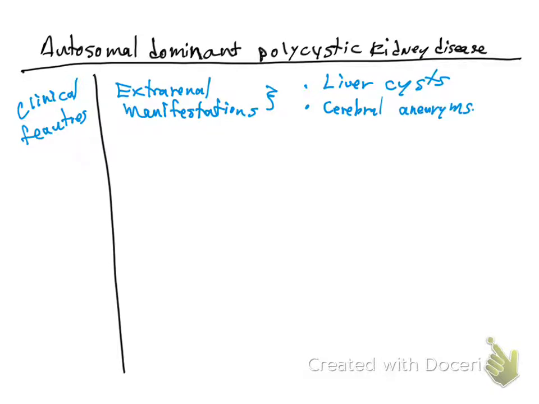Regarding the cerebral aneurysm, remember that an aneurysm basically is this: this is your normal vessel, and then if you have an aneurysm, you're going to have like a balloon.